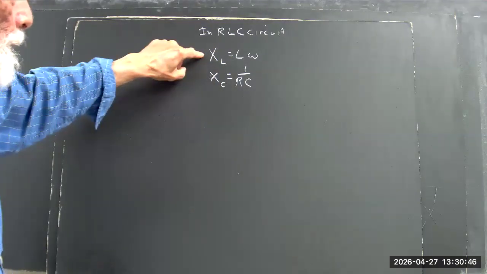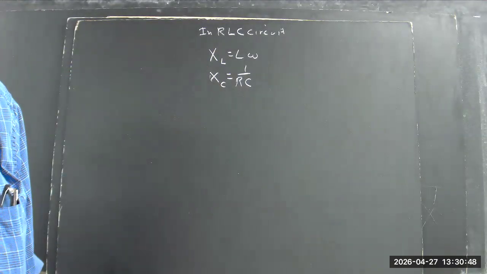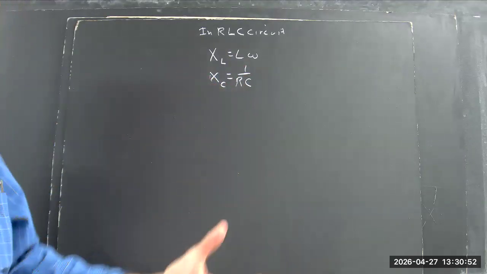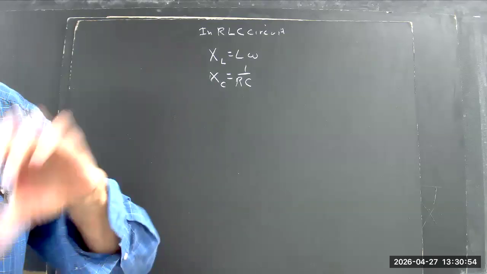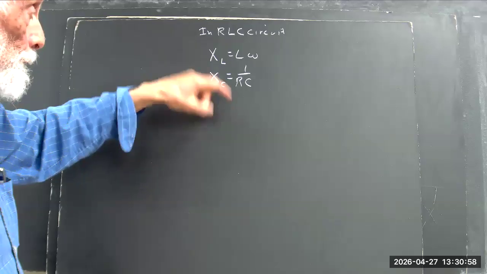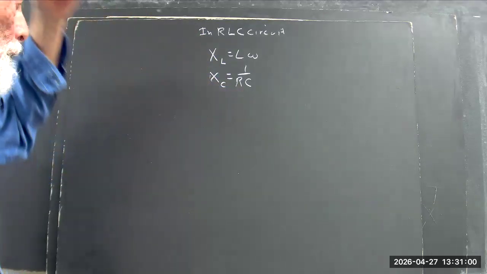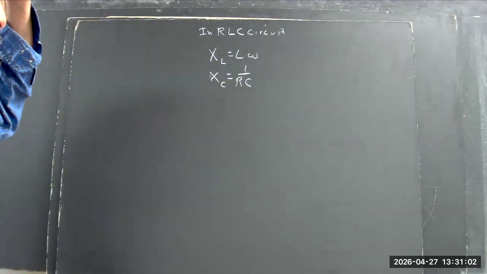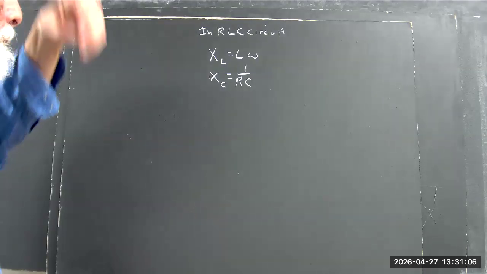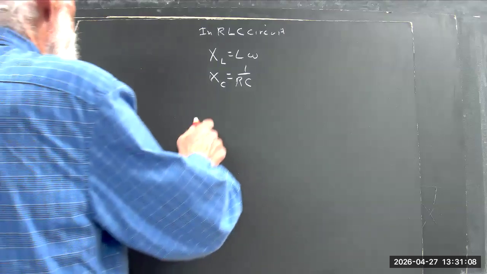This is like the resistance that's created by the inductor. X sub C is like the resistance that's created by the capacitor in conjunction with the resistor. If you change the resistor, you change this.